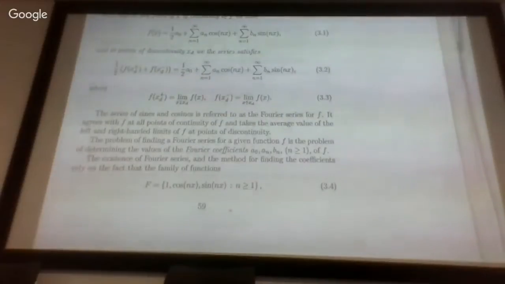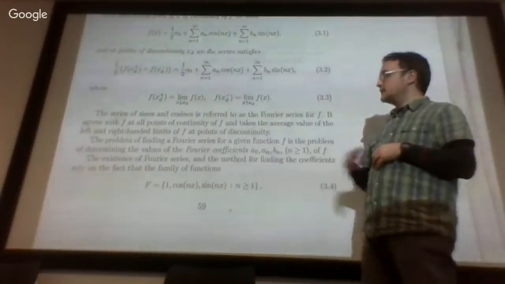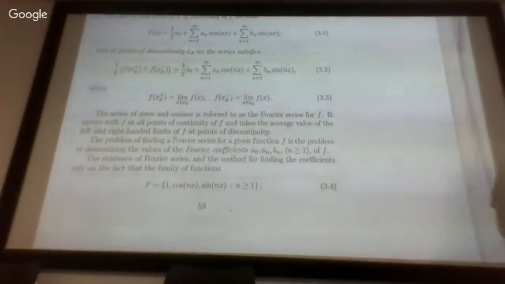And this family of sine and cosine functions, together with the constant function 1, this family down here at the bottom of page 59, we can give a kind of linear algebra interpretation, because this family of functions is a basis for the vector space of functions which have Fourier series.